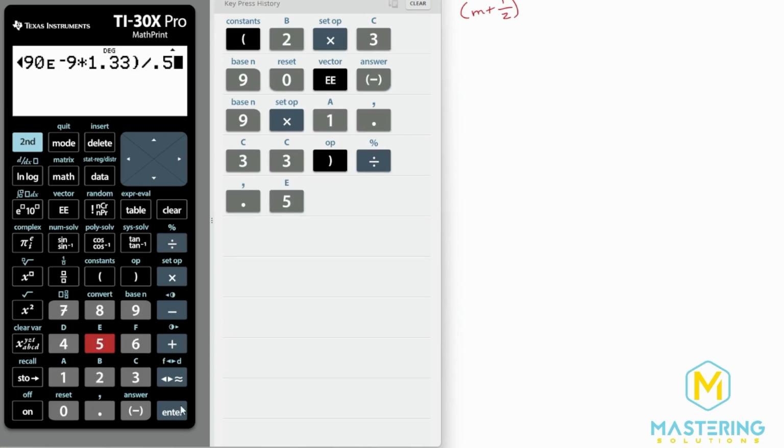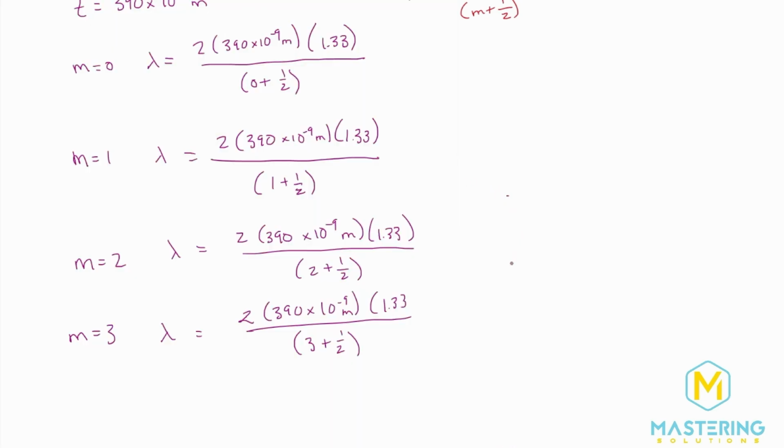So for the first one, we get 0.5, and that's going to be 2075 nanometers. When we look at a graph of the electromagnetic spectrum, 2075 puts us into the X-ray range. So of course, that's not going to be visible light.